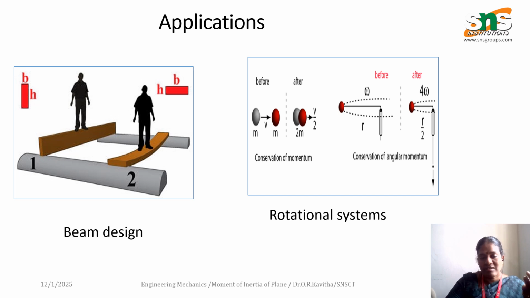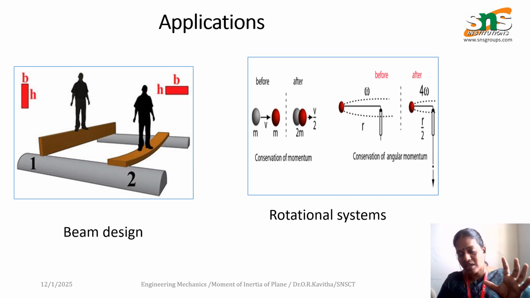When I take the x-axis and y-axis as reference axes and calculate the moment of inertia for both positions, it will be different. So the calculation of moment of inertia is very important in deciding how we should place the beam and column in position. It is also very important in rotational systems.